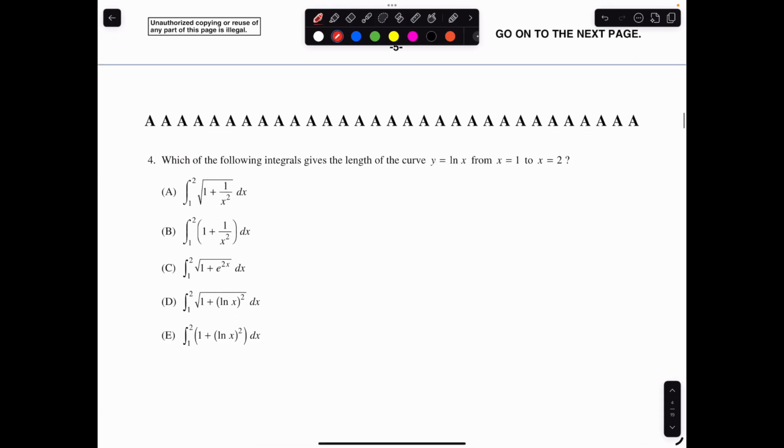Okay, which of the following gives the length of y equals ln x from x equals 1 to x equals 2? When you're looking for arc length in rectangular coordinates, that's equal to the integral from a to b, whatever your bounds are, of the square root of 1 plus f prime of x squared dx.